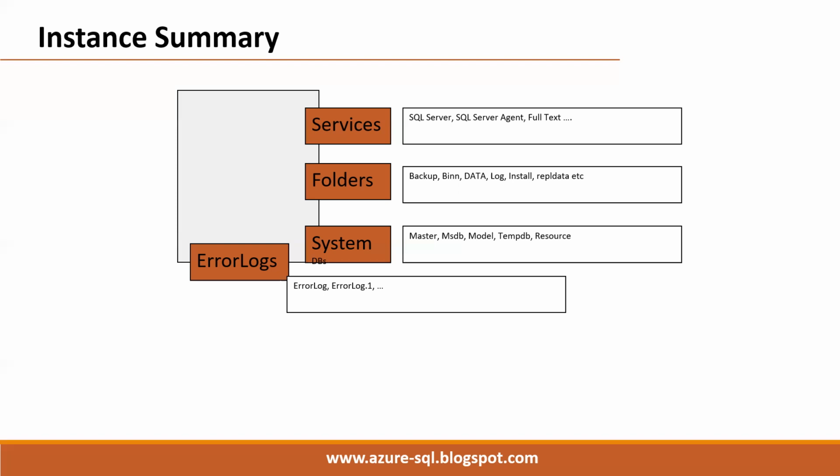Then the MSDB database, remember, maintains total automation information. Automation information means if you want to automate anything, that information is there in the MSDB database.